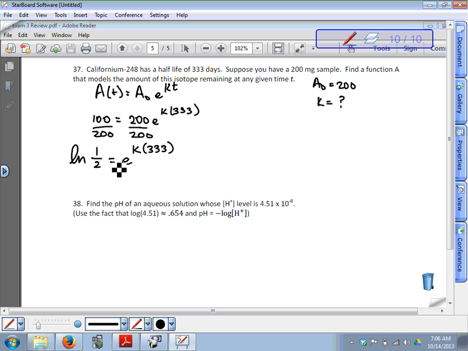Using natural log on both sides, we have the natural log of 1/2 is equal to k times 333. So if we divide by 333, now we know the value of k is equal to the natural log of 1/2 over 333.